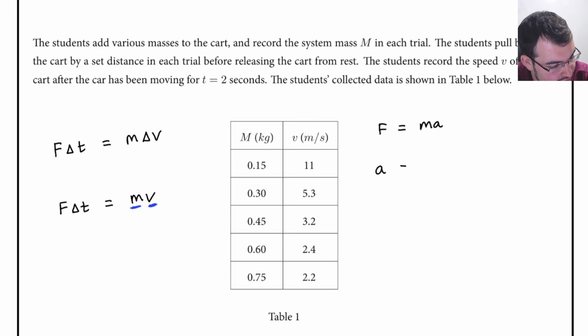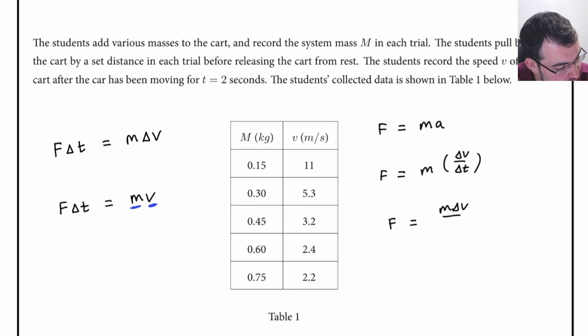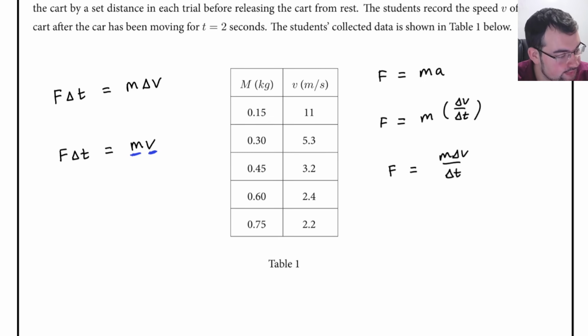Acceleration is just delta v over delta t. So you would get F is equal to m delta v over delta t, or our expected result, F delta t equals m delta v. So that's 2 ways of getting that.